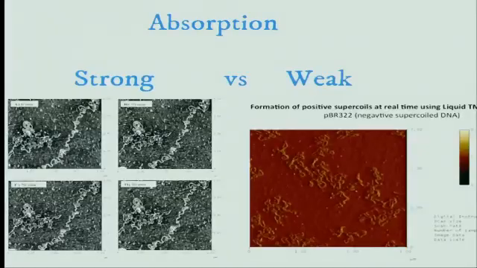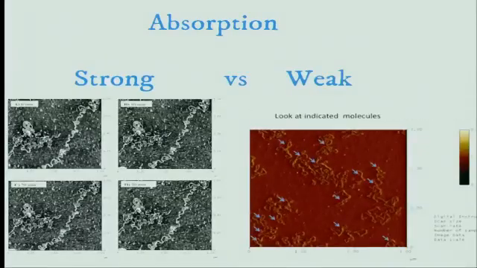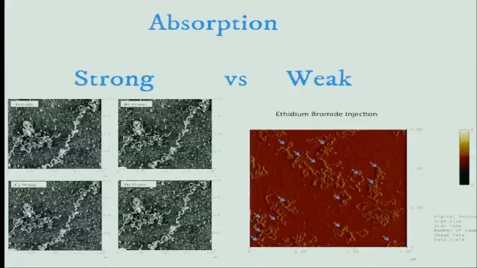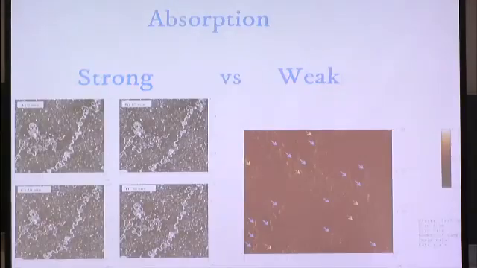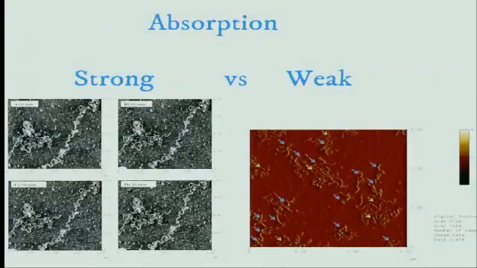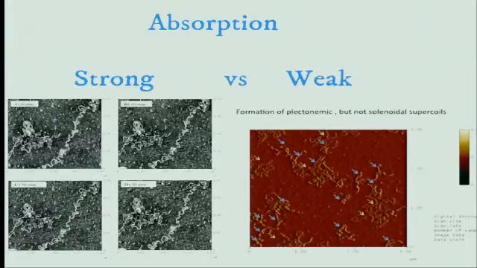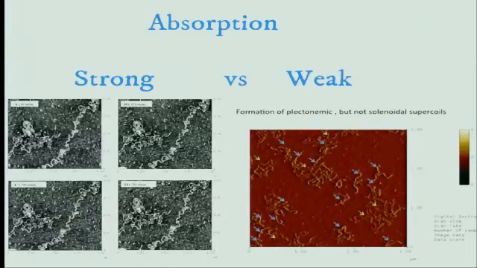Just to show you, here on the right you see DNA deposited in a weak way, so it can move on the surface. Each picture is taken 1 minute apart, and we had added an intercalant into the solution, and you see how the DNA supercoils positively. So it is really moving, it is alive on the surface.